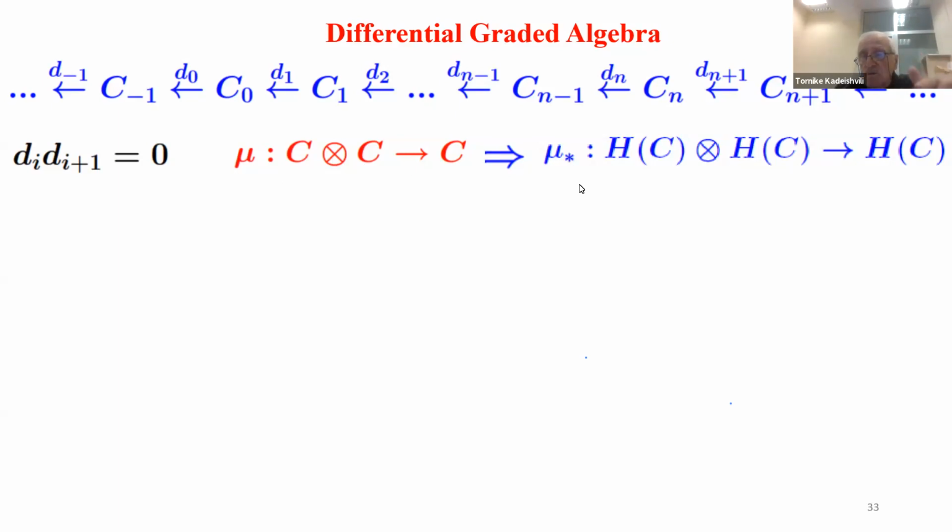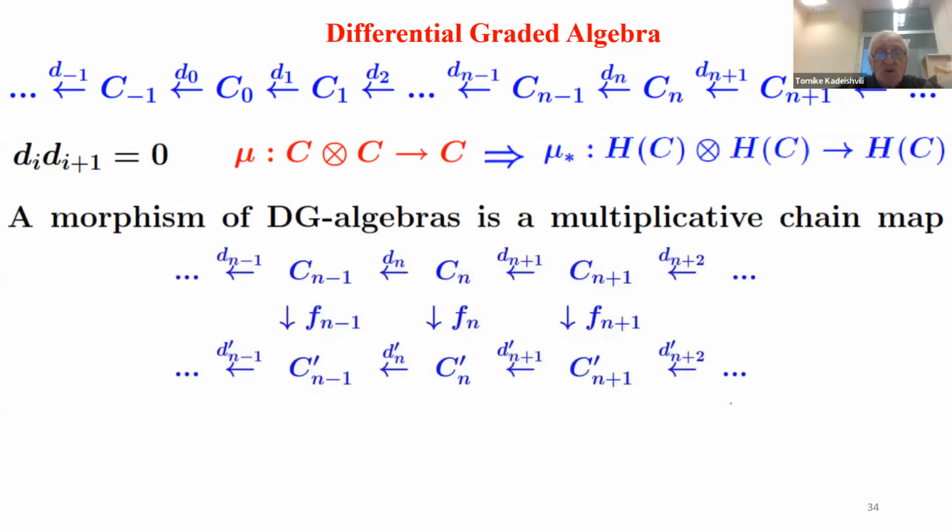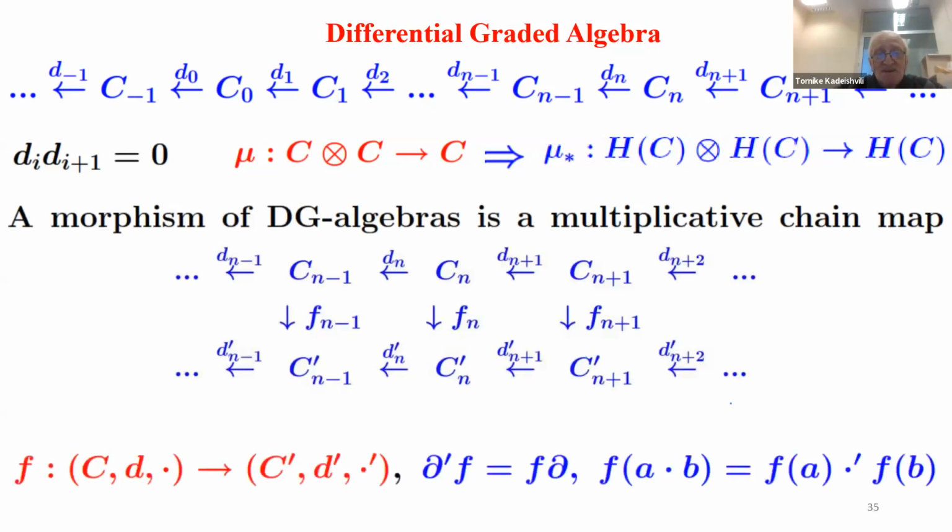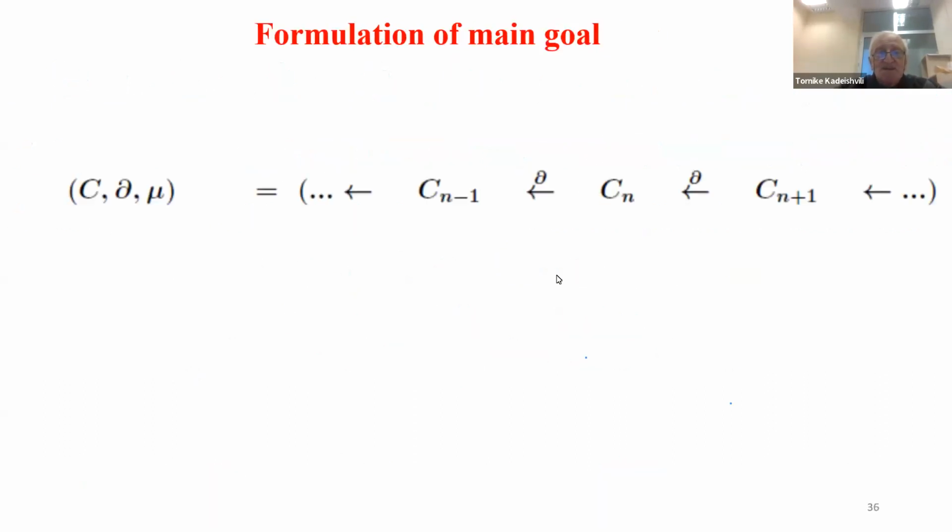And this follows from the Leibniz rule. Leibniz, not the calculus rule, but used in our case. A morphism of differential algebras is a morphism which makes not only commutative diagrams, but it keeps the product and it induces it.